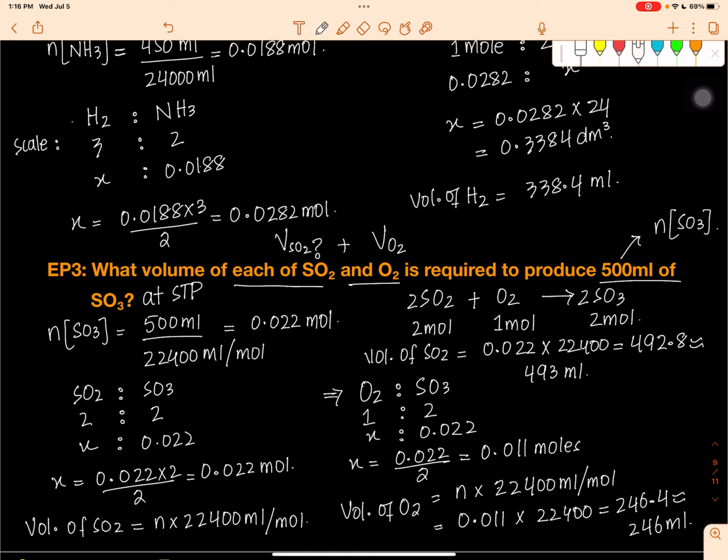So this volume of oxygen is needed to produce 500 mL of sulfur trioxide.